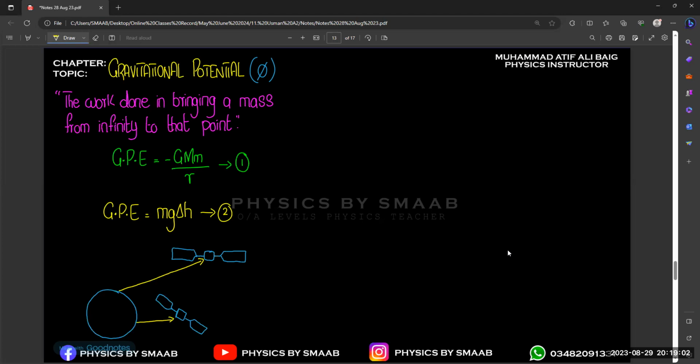You can see both situations are different. One point is very close to the planet and the second point is very far away from the planet, right? When we talk about the concept of infinity, we mean taking the point away from the gravitational field, right?